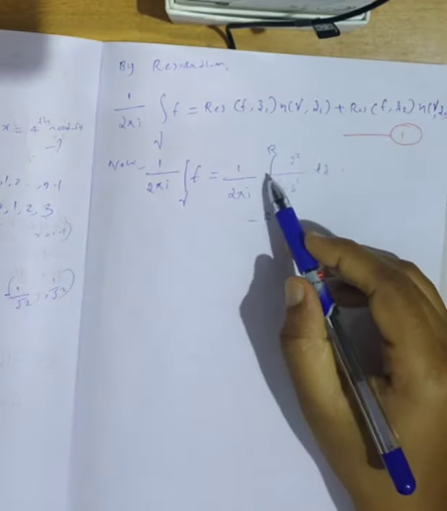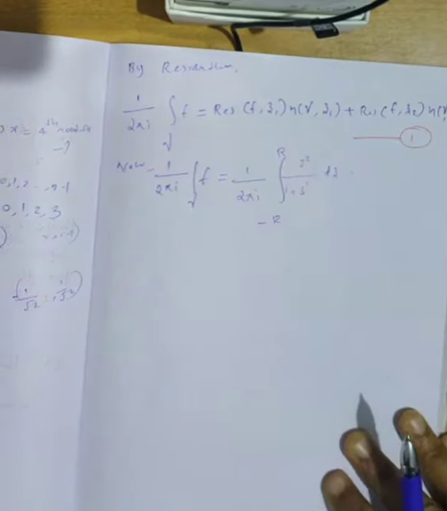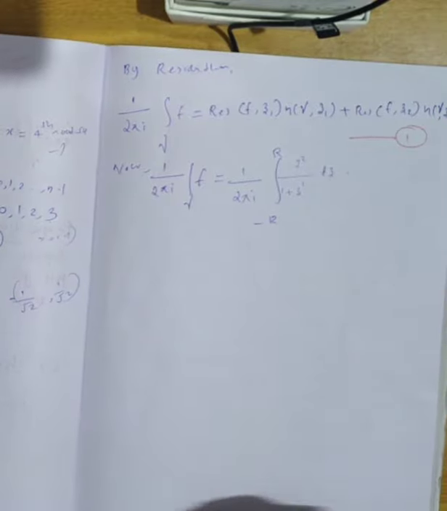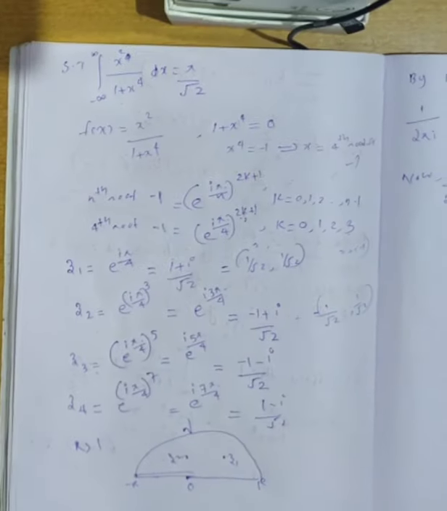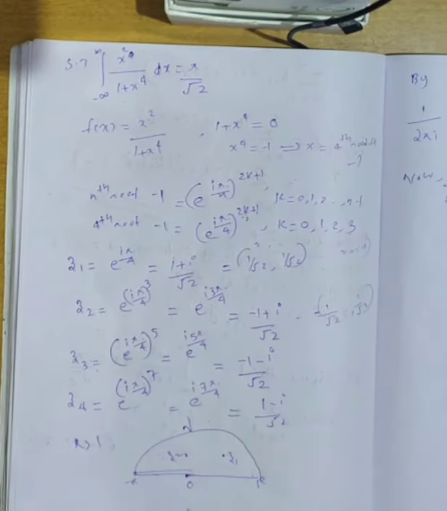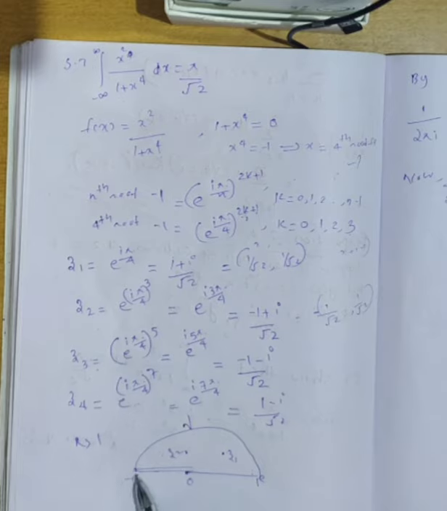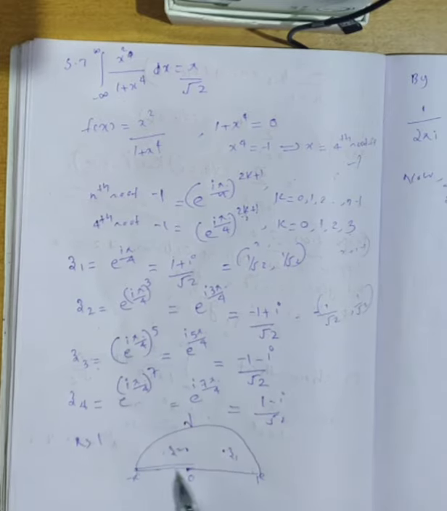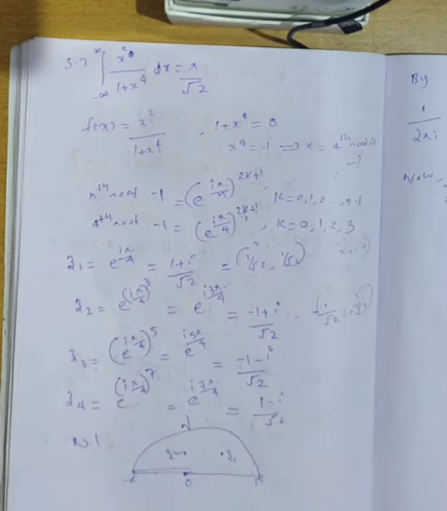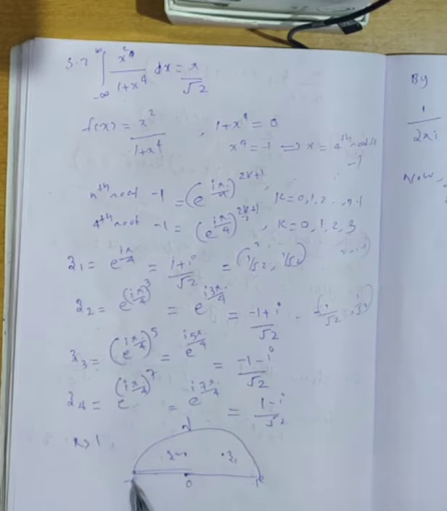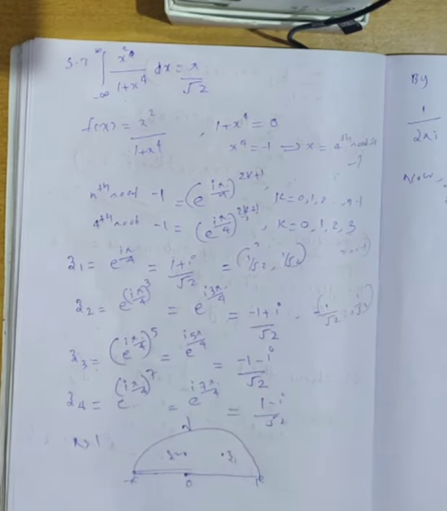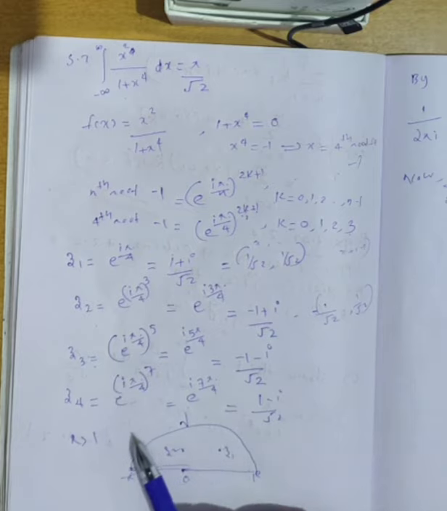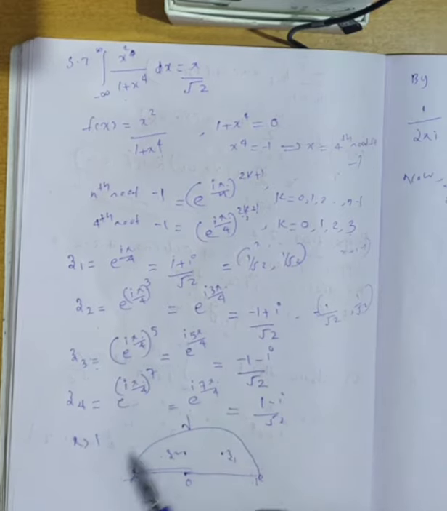Here, in the integration, this is our region. So we integrate first along this real axis, then through this semicircle from r to minus r.